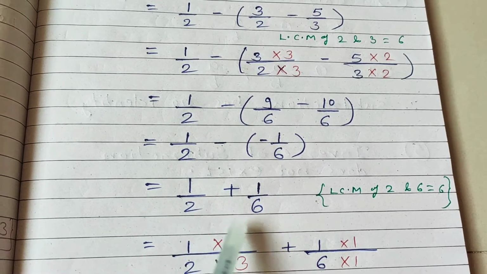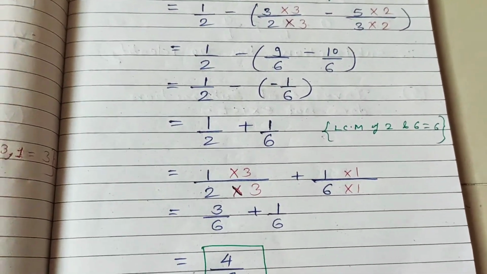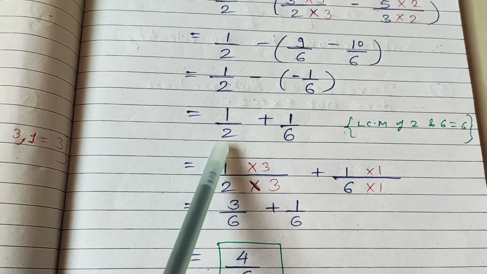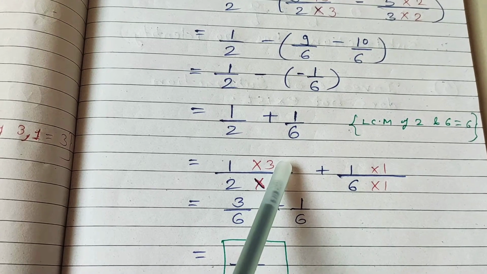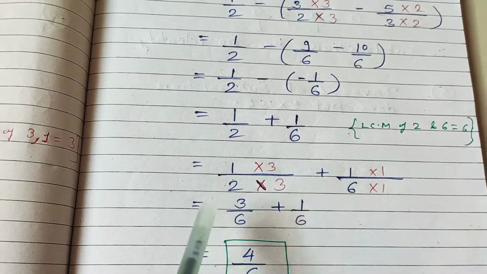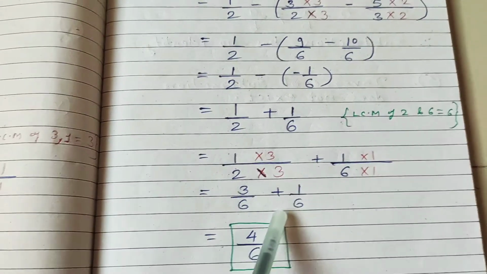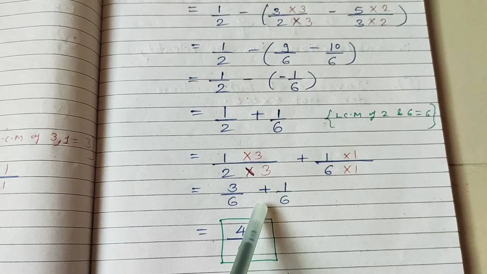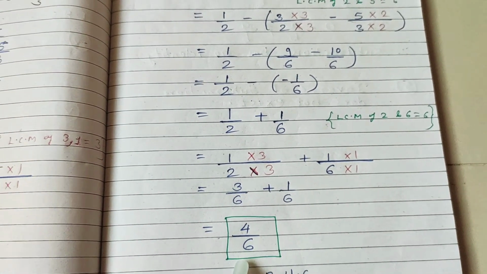The LCM of 2 and 6 is 6. To convert this 2 into 6, multiply by 3. The numerator is also multiplied by 3. It is already 6, so we multiplied by 1 to both. So 3 upon 6 plus 1 upon 6. Got it? 3 plus 1 becomes 4 upon 6.